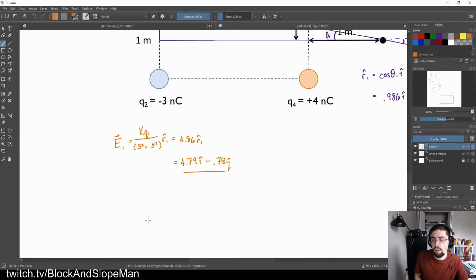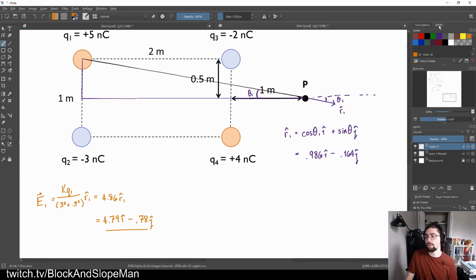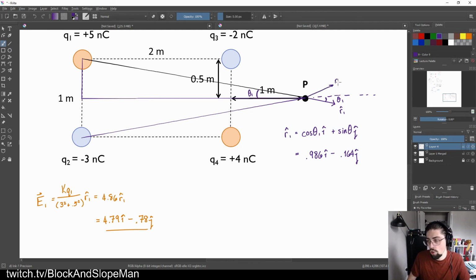Perfect. There's E1. Now, E2, we're in luck because this one's actually going to be a little bit easier because we've already done some of the legwork for it. What I can do is I'll trace my line and I look at this and I say, hey, would you look at that? I made the same triangle, just flipped over now. So if I'm thinking about R2 hat specifically, it's the same angle.